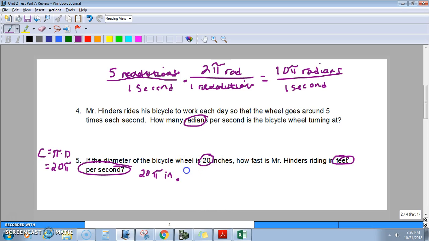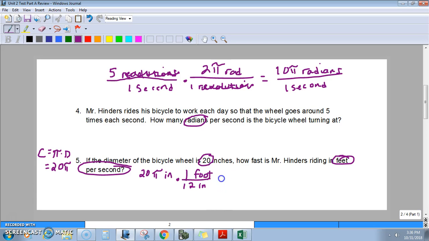So there's 12 inches in 1 foot. And inches goes on the denominator, so it can cancel.